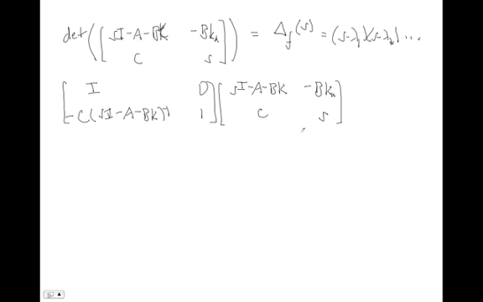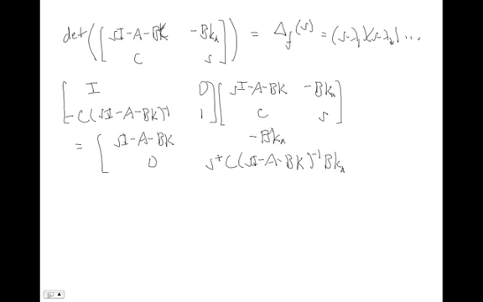If I take these and I multiply them by each other, what I will get is a matrix that looks like SI minus A minus BK, a 0. Here I'll get S plus C times (SI minus A minus BK) inverse BKA, and then I get a minus BKA here.